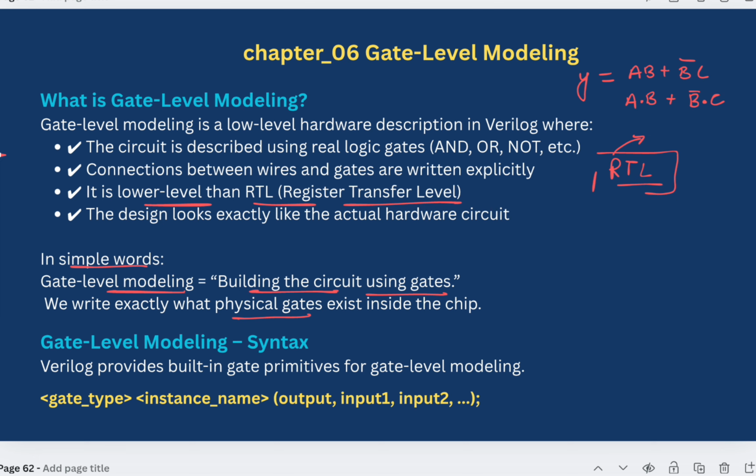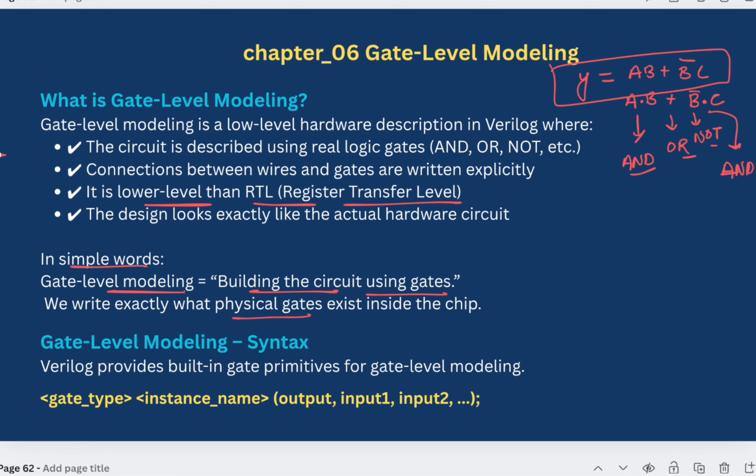So here you use an AND gate, this an OR gate, and you make a NOT of b and then do an AND. See how many gates we have used: 1, 2, 3, 4. So a total of 4 gates are used to implement this function. Similarly, in gate level modeling we use this kind of gates to implement such functions, or digital circuit behaviors.